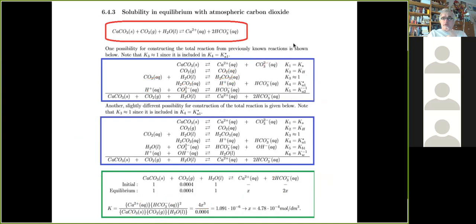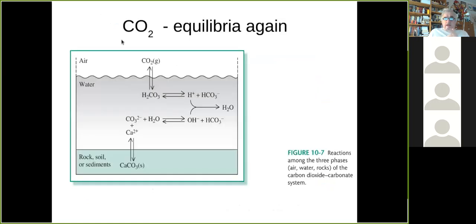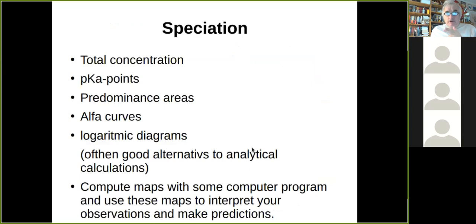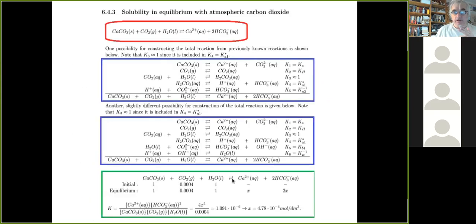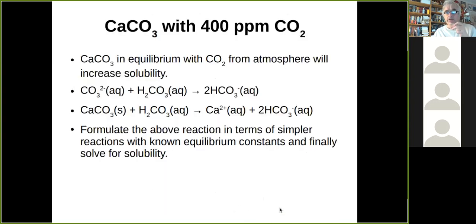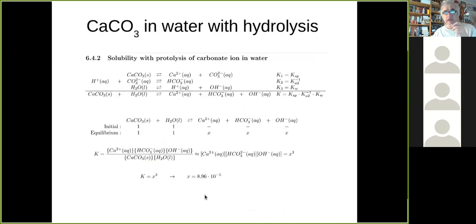Maybe we forgot what x was, sorry, this x is sort of calcium ion concentration, 4.8 or 5 times 10 to the minus 4, compared to only hydrolysis with water that was 9 times 10 to the minus 5.